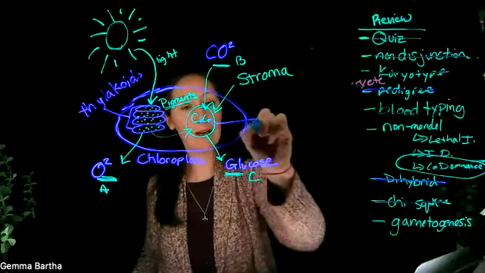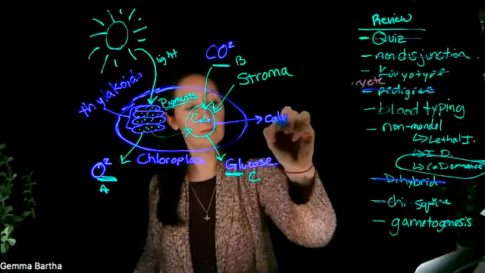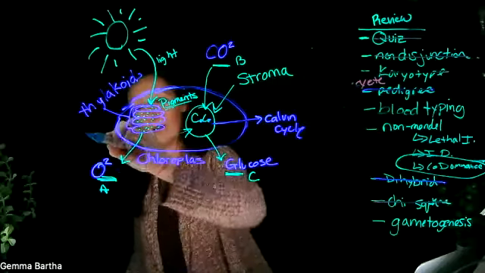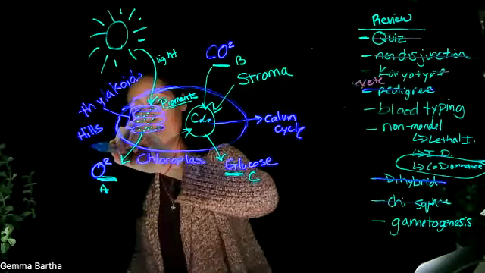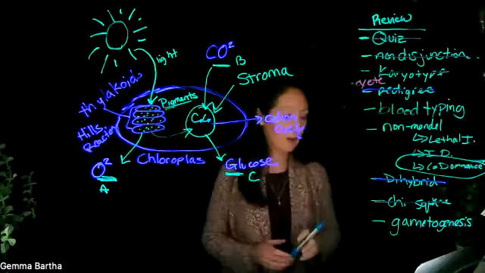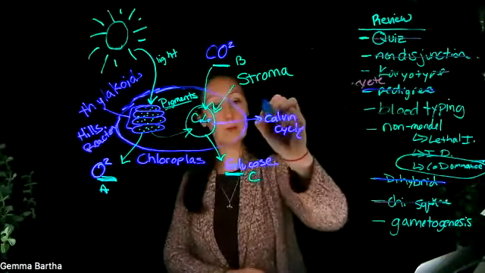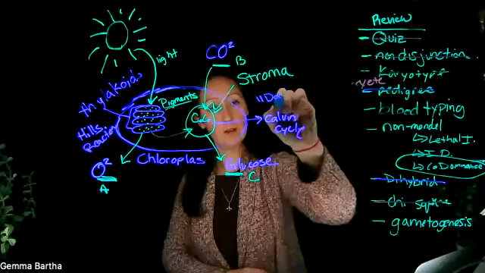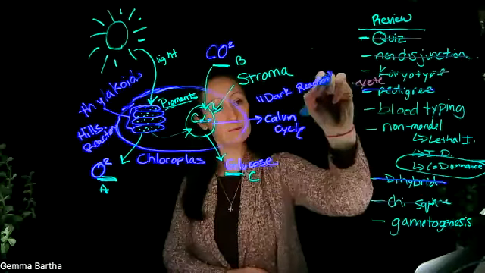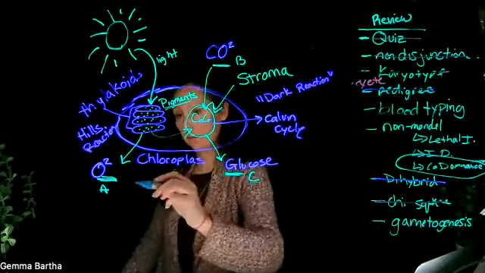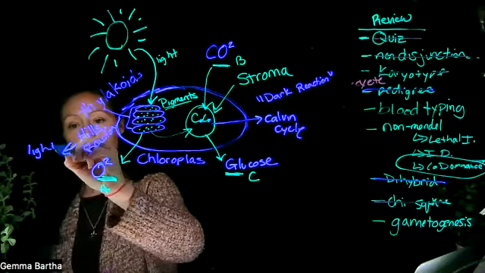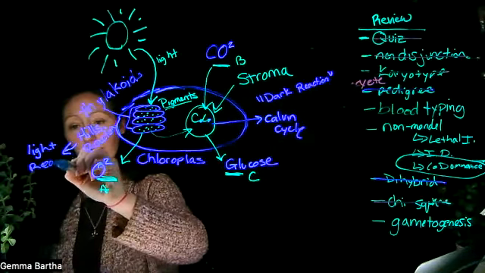So this is where we have our Calvin cycle, and on here we have our Hills reaction. This is also called the dark reaction, whereas this is called the light reaction.